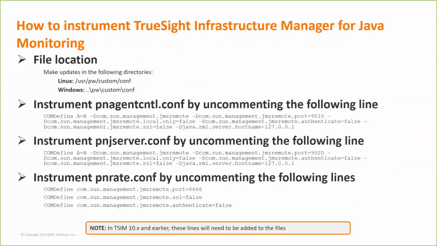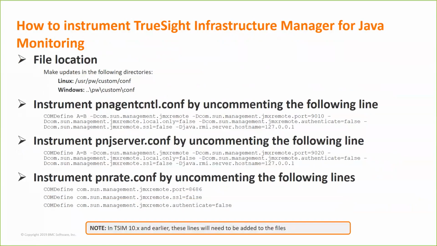When I get into the TSIM server, one of the comments I made was about this last variable. If you look at the pnagent cntl.com, remember that's a one-liner. It looks like it repeats because all of them start with -Dcom. But if you look at the very end of that line, you have -Djava.rmi.server.hostname=127.0.0.1.